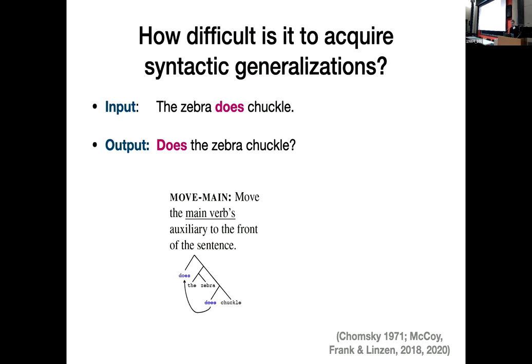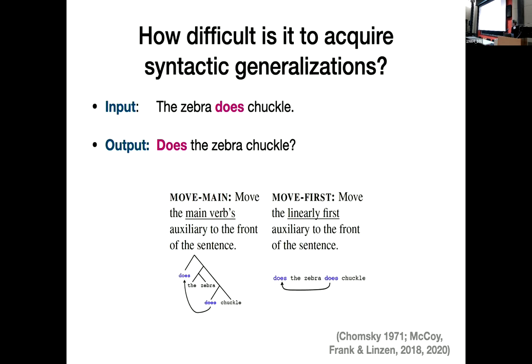Chomsky says you parse the sentence, come up with a symbolic representation of it, identify the main verb of the sentence, and move that to the beginning. But there's another equally valid way to do this, which is to scan the sentence from left to right, identify the first verb, and move that word to the beginning of the sentence. Both of these rules make the same predictions for this very simple example.